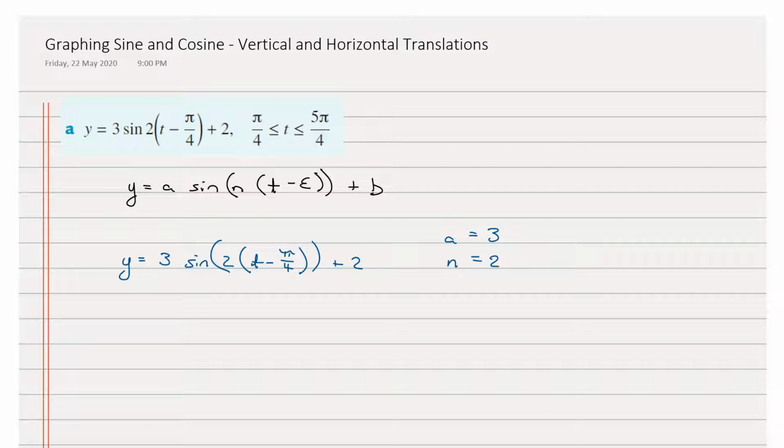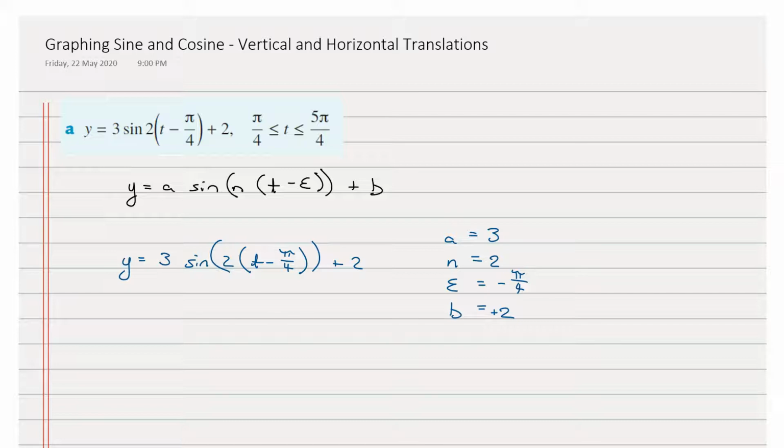We're going to get an epsilon of negative pi over 4, and then a b, a vertical translation of 2. Because it's positive 2, we're going to lift our function positively in the y direction. If it was negative, we'd push it downwards in the negative y direction.